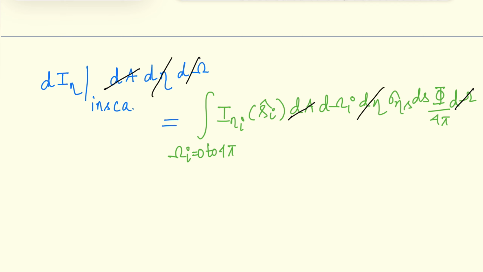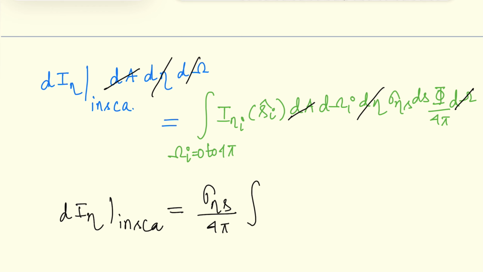So I got my required thing, that is my d eta in-scattering is equal to, okay, sigma ns is a constant and 4 pi is also a constant. This will be over 4 pi, I eta I phi cap d omega I.